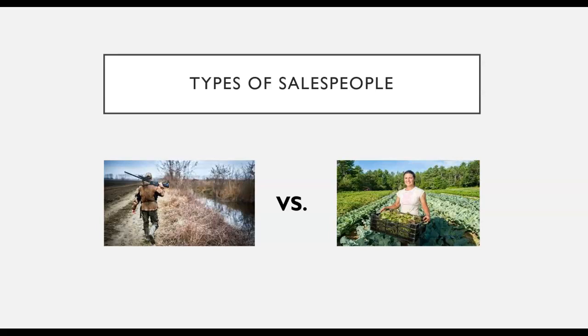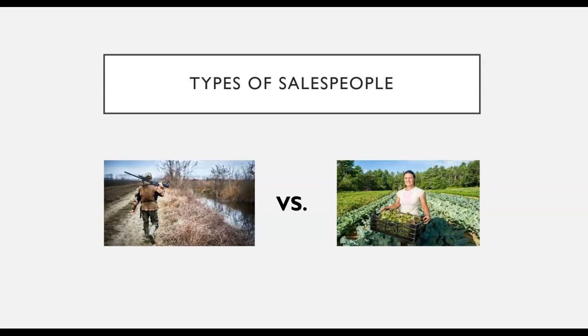On the right hand side, you have a farmer salesperson. A farmer, other books will call it, or other people will call it a gatherer. But that type of salesperson is responsible for nurturing relationships. So, like tending to relationships, fostering the relationship, ensuring that the relationship is okay.